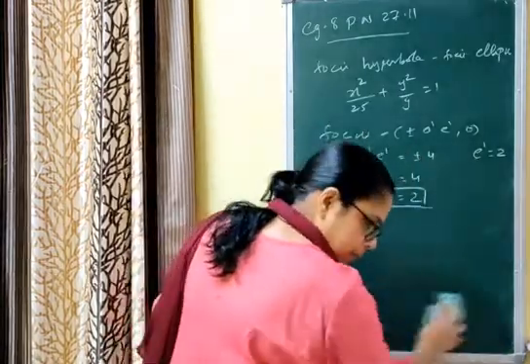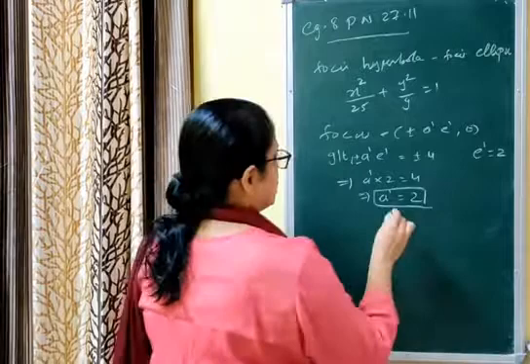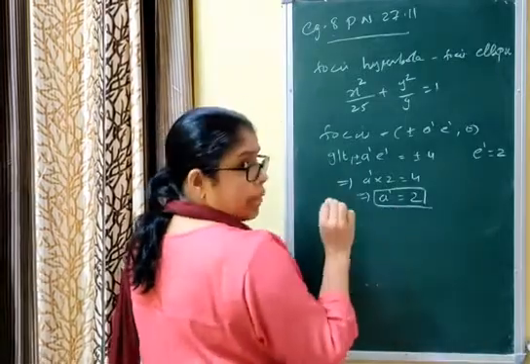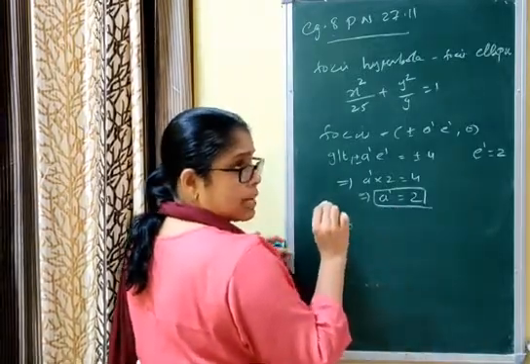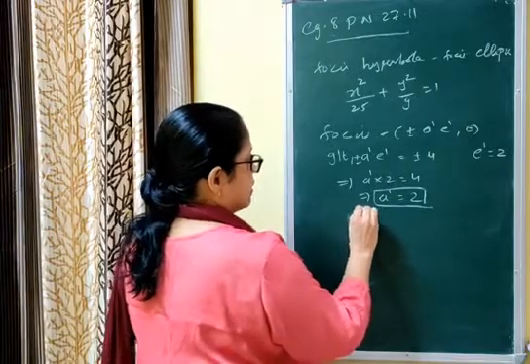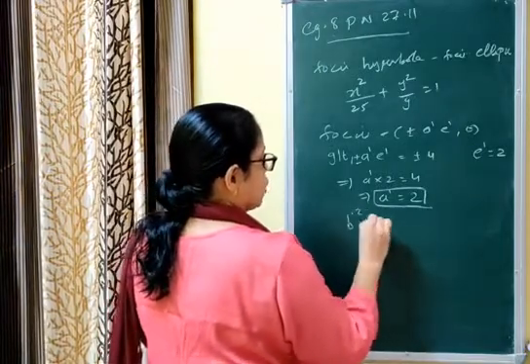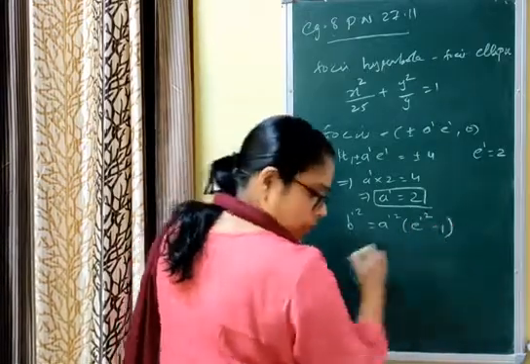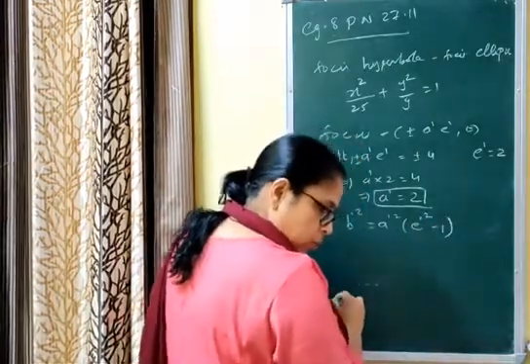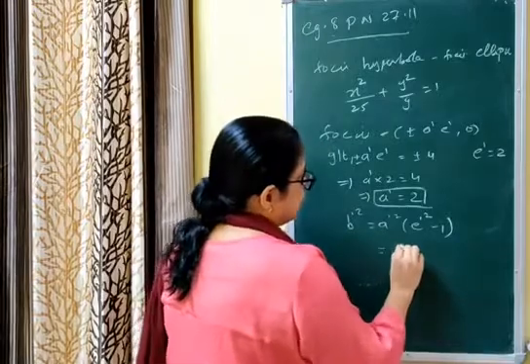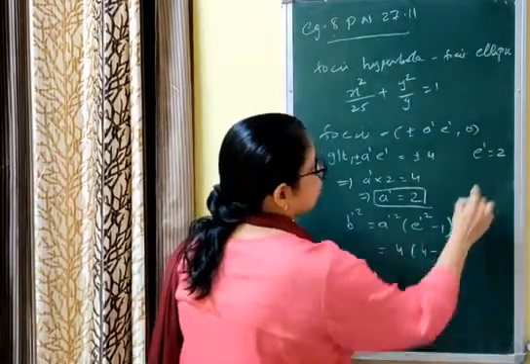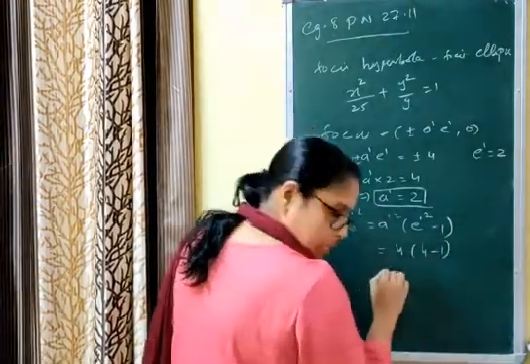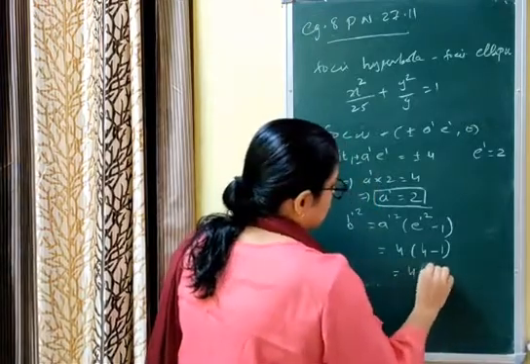Now we have to find b dash. b dash square is equal to a dash square into e dash square minus 1, as the transverse axis is the x-axis. a dash square is 4, e dash square is 2 square, 4, minus 1, that is 4 into 3, equal to 12.